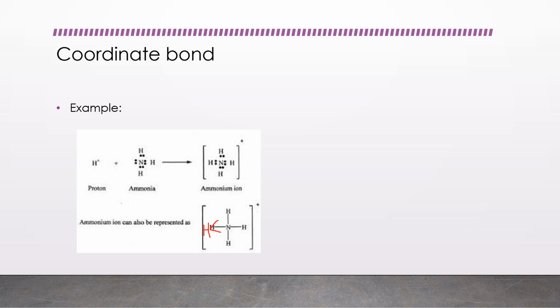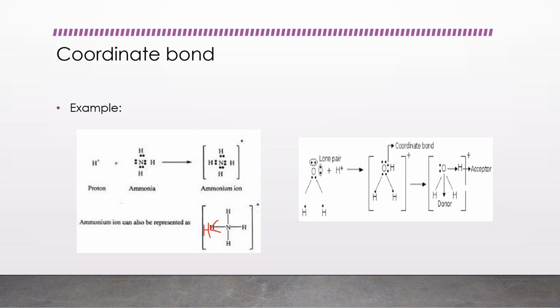Let's see another example, the hydronium ion, H3O plus. Water and an H plus react to form the hydronium ion, and in the hydronium ion a coordinate bond is present. There are two lone pairs of electrons.